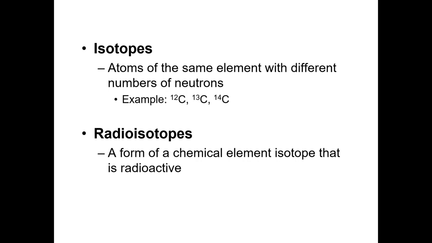But there's an isotope of carbon that has 7 neutrons and 6 protons, which is carbon-13. That is an isotope of carbon-12. If these isotopes form a chemical element that is radioactive, they are called radioactive isotopes or radioisotopes.